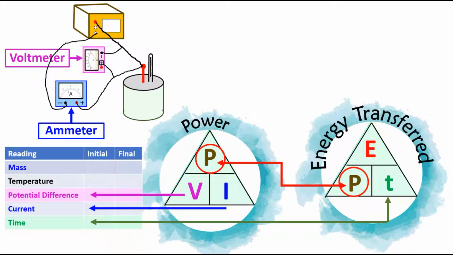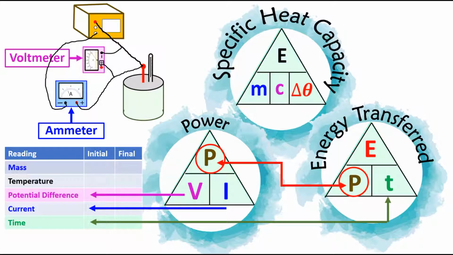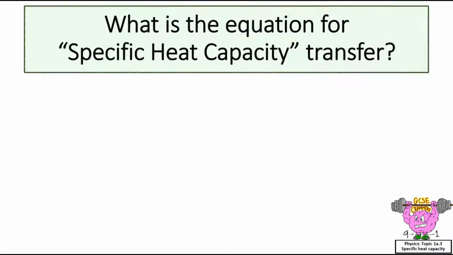Finally, you're now able to find the specific heat capacity of the material using the energy transferred figure you just calculated. So if you're asking, do I need to learn these equations? Well, yes, you do.